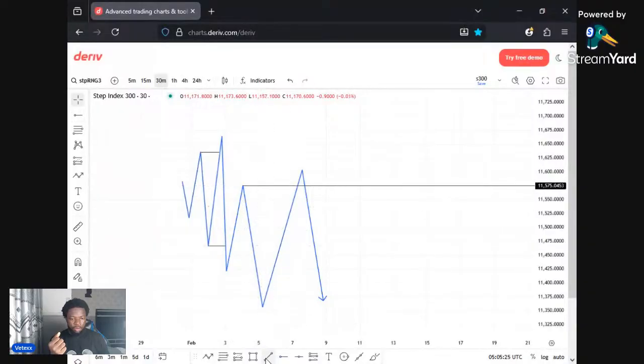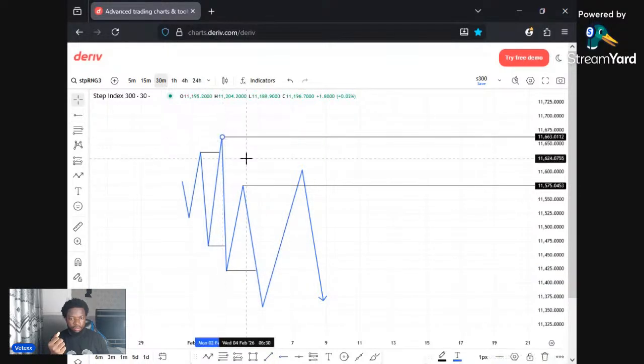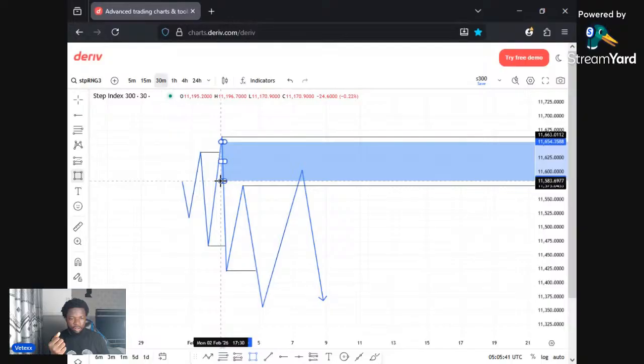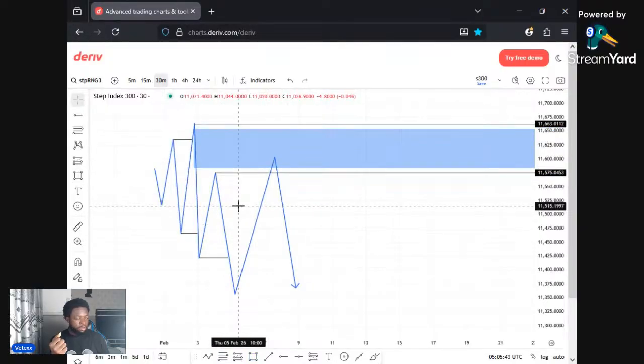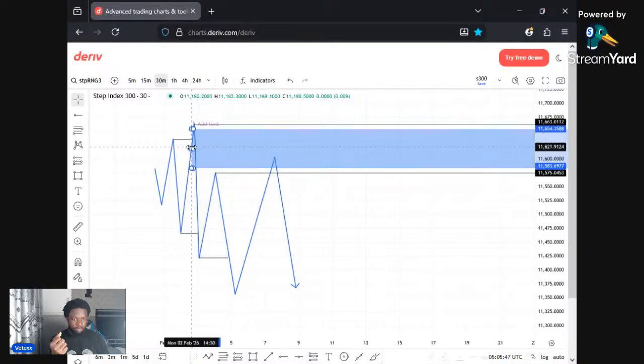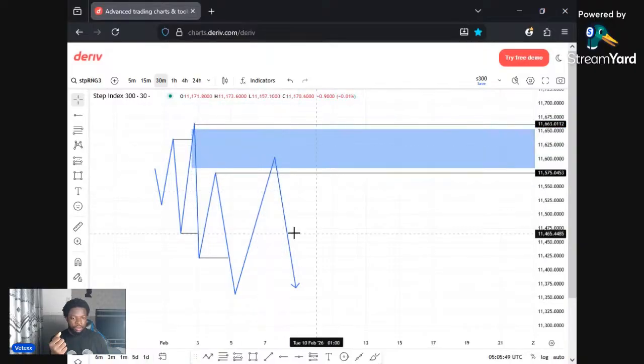We have the second break of structure here, and then this high here becomes our protected high. The whole of this zone is our point of interest. Price will tap into this zone and then continue in the opposite direction.